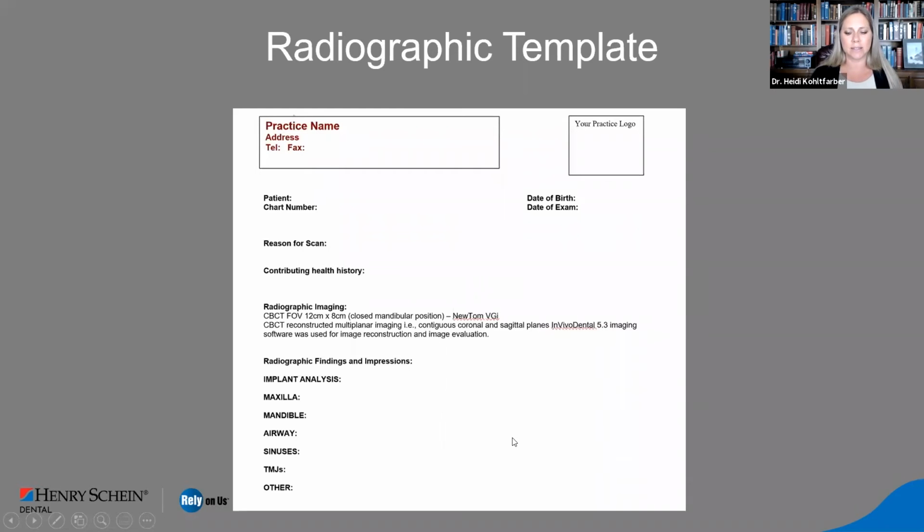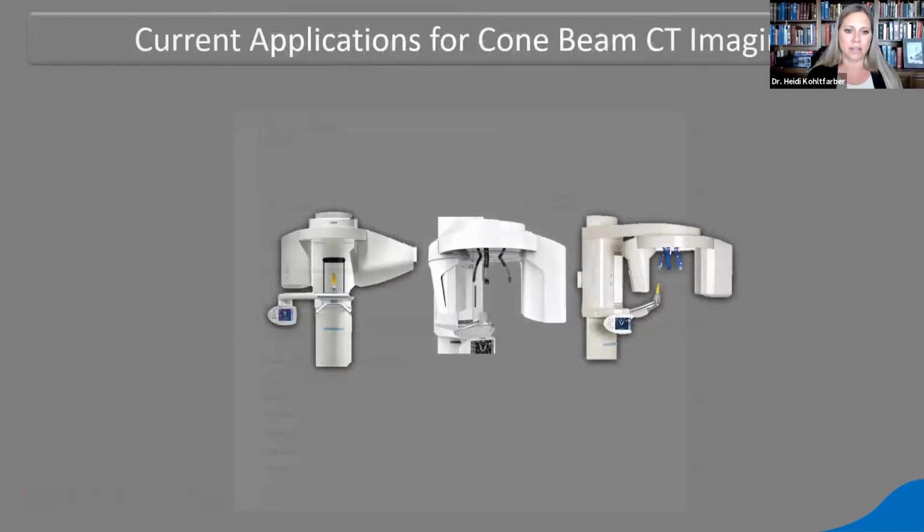This is really nice. It's a nice, handy little template. You can add it into any of your electronic charts. And then, of course, as you go down through the CBCT, your assistant can be documenting in each of these areas what you see. It doesn't take very long to review the entire CBCT. So it's pretty quick, especially if you have someone helping you document. But we definitely want to document that we looked at it for our medical legal documentation.